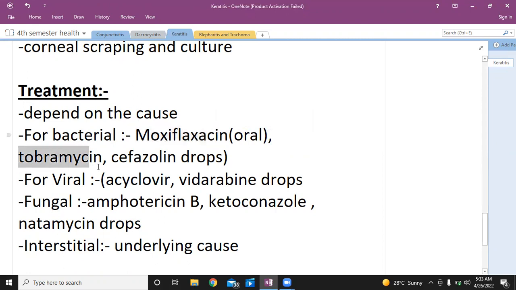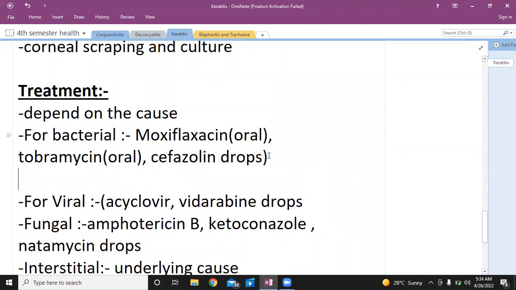Both can be used orally, and topically they can use cefazolin drops. These are the eye drops for bacterial keratitis. The patient can use moxifloxacin orally, or tobramycin orally, and if using topically, cefazolin drops. This is for bacterial keratitis.